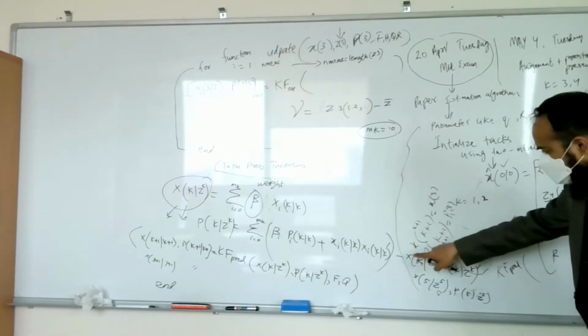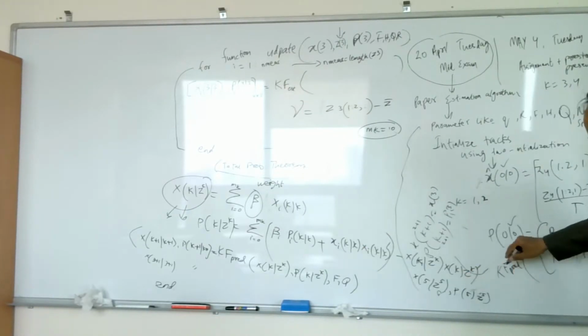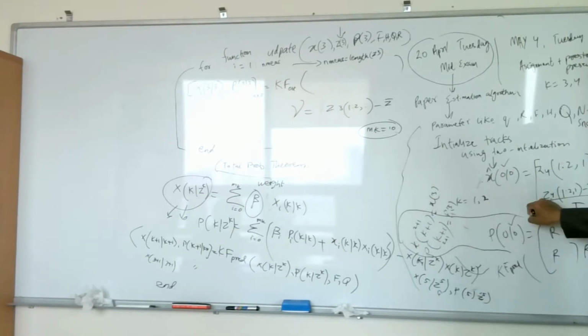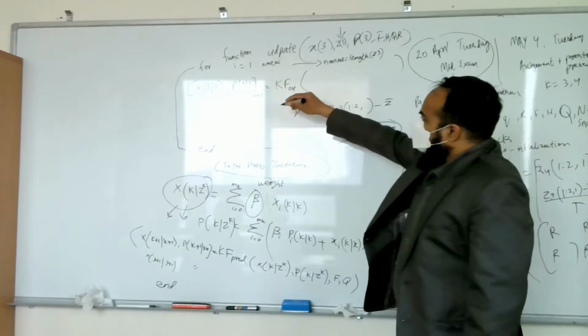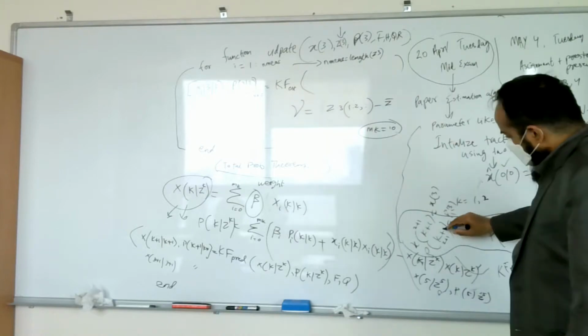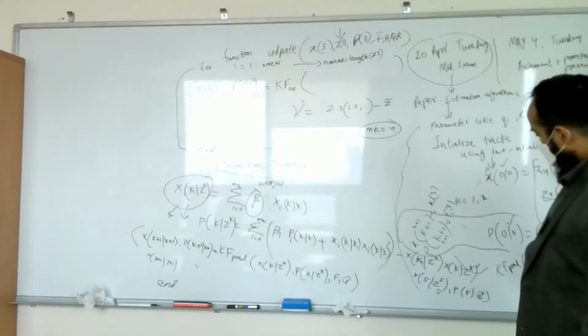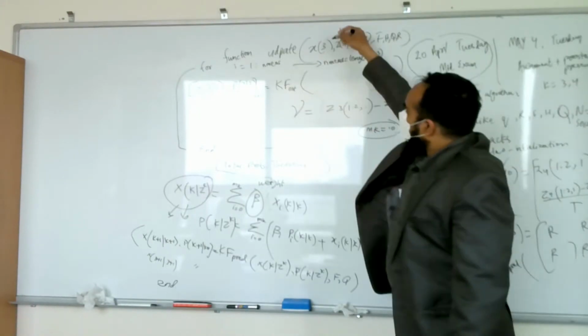This is mixed up with this line. So when you come here, you have to update this predicted value with the condition of z3.